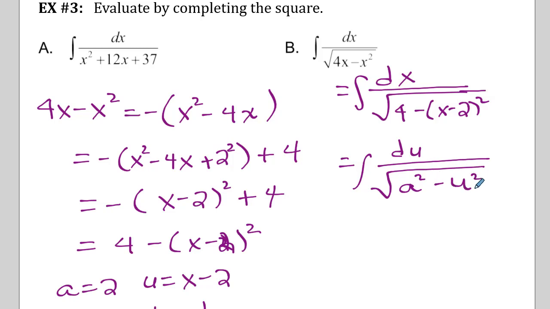If you look back at the formulas, this is the pattern for sine inverse. And so we get sine inverse of u over a, so that's x minus 2 over 2, plus c.